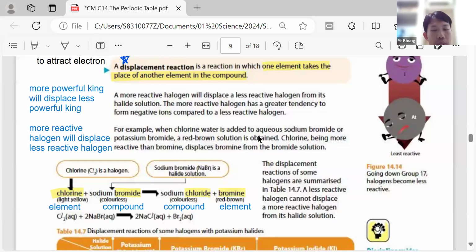So this is what happens in a displacement reaction, whereby a more reactive halogen can displace a less reactive halogen in a compound. Now, if I do it the other way, that means if I react bromine with sodium chloride, for example, then because bromine is less reactive, it cannot displace chloride from sodium chloride.